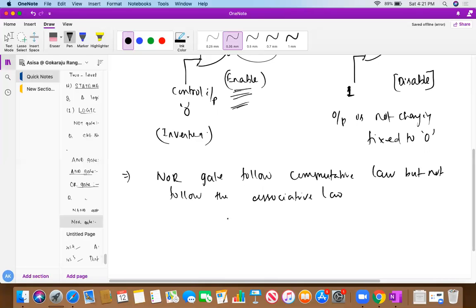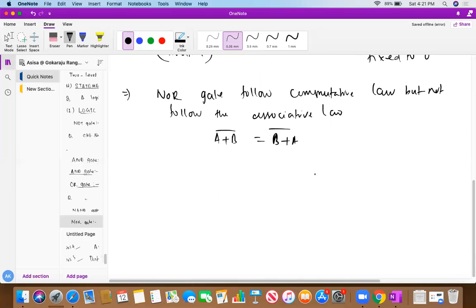Commutative law: (A or B) bar is equal to (B or A) bar. It holds good. We can also express the same thing like this: this is my NOR gate, AB is equal to BA also. This is also (A or B) bar. So this follows the commutative law.